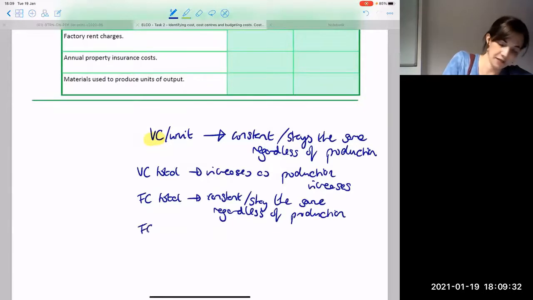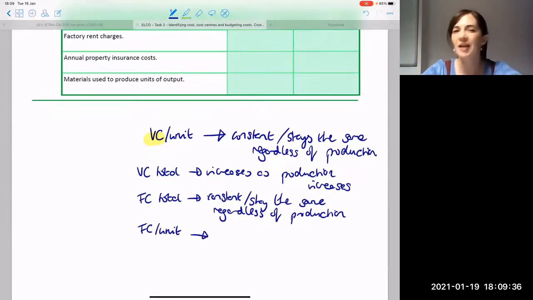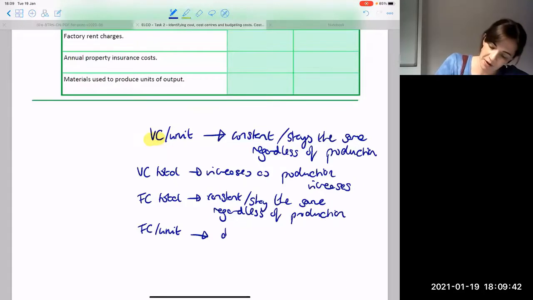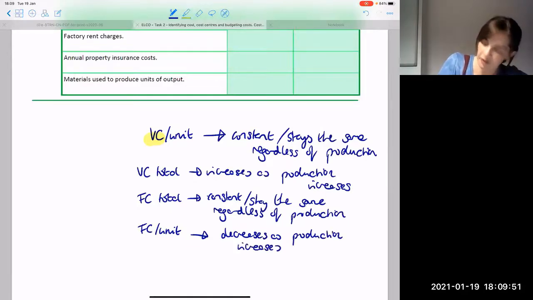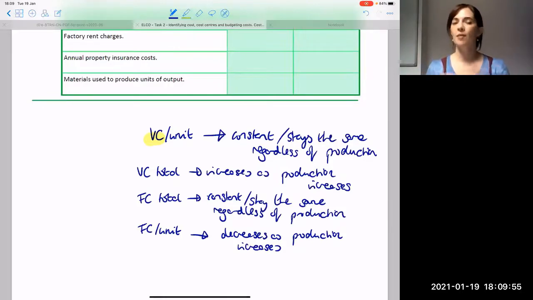And lastly, fixed cost per unit. We talked about this last week for any of you who were here last week, guys. Fixed cost per unit, if you remember, decreases as production increases. Because your total fixed cost will stay the same, but you're going to divide it by more units.